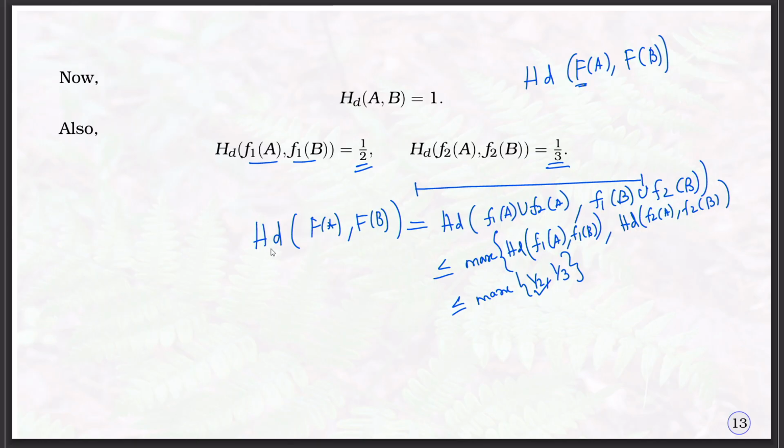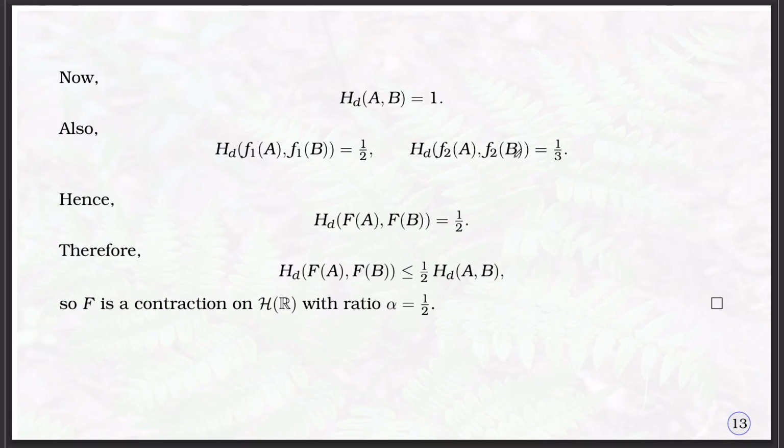Therefore, the Hausdorff distance between f of A and f of B is 1 by 2.